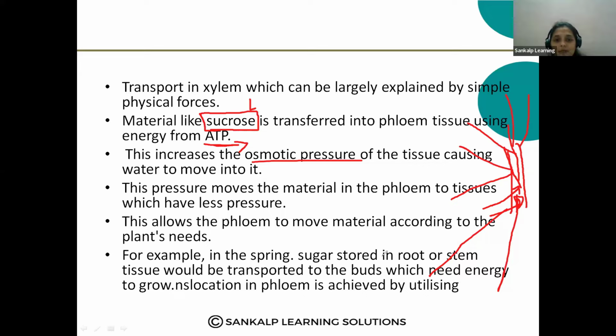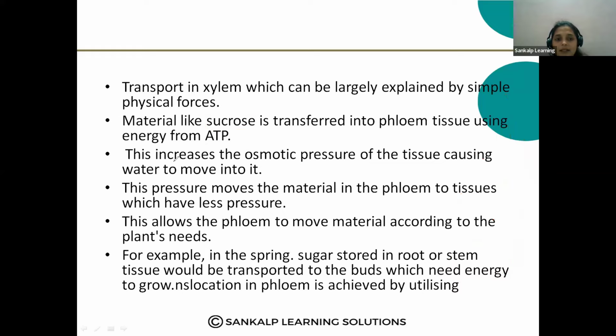The first step is that material like sucrose is transferred into the phloem with the help of ATP, and this increases the osmotic pressure of the tissue, causing the water to move into it. Water always moves from lower osmotic pressure to higher osmotic pressure. So water is moving inside the phloem tissue because inside the phloem there is more osmotic pressure.